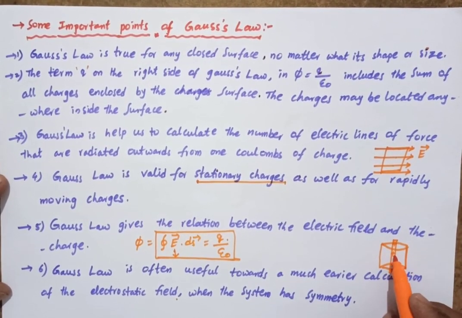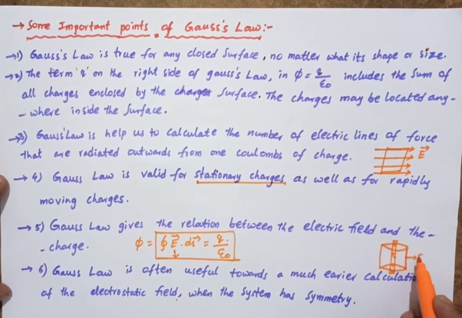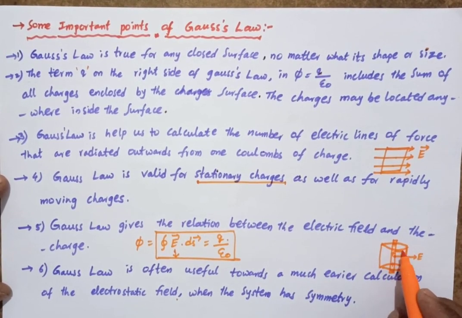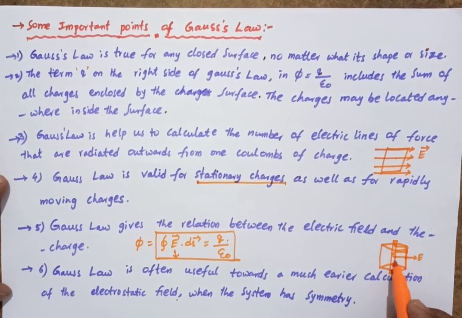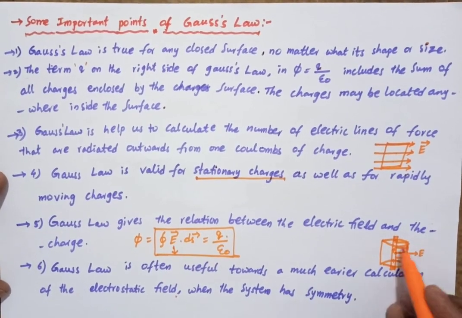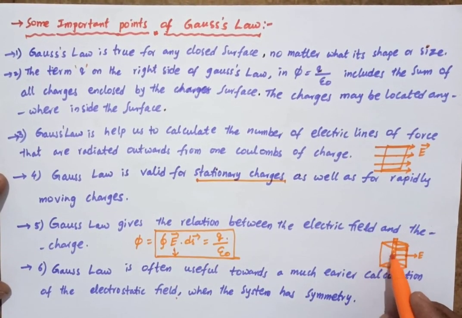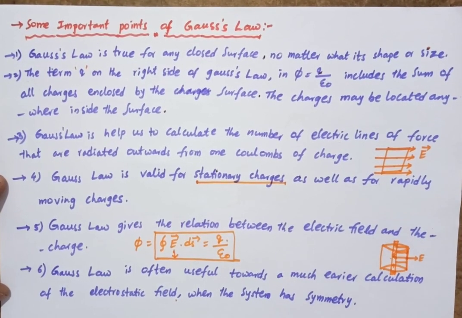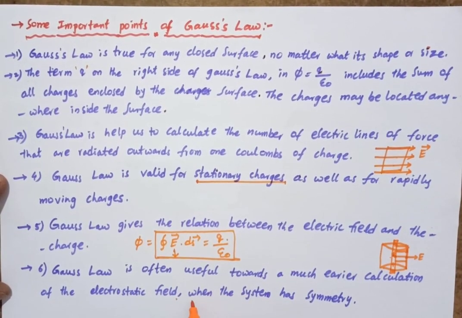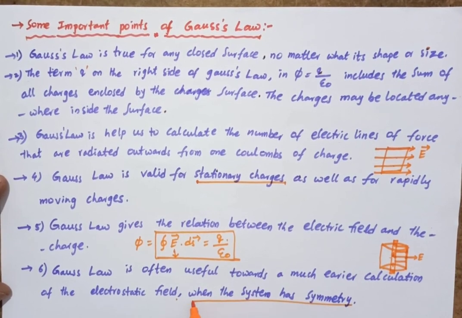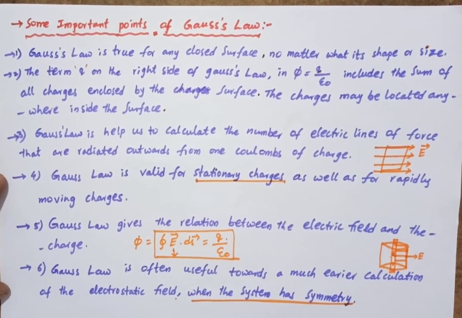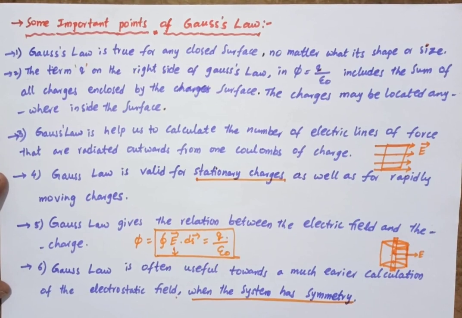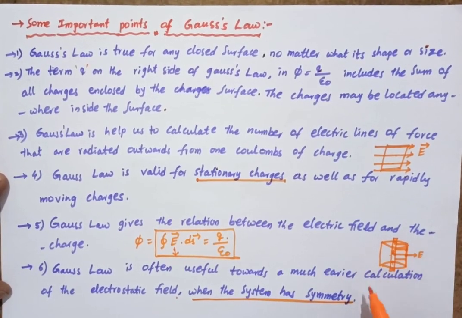In this position the electric field is constant, here also constant, here also constant. So it is called the symmetry, the same distance from the mid position. So the system has symmetry.